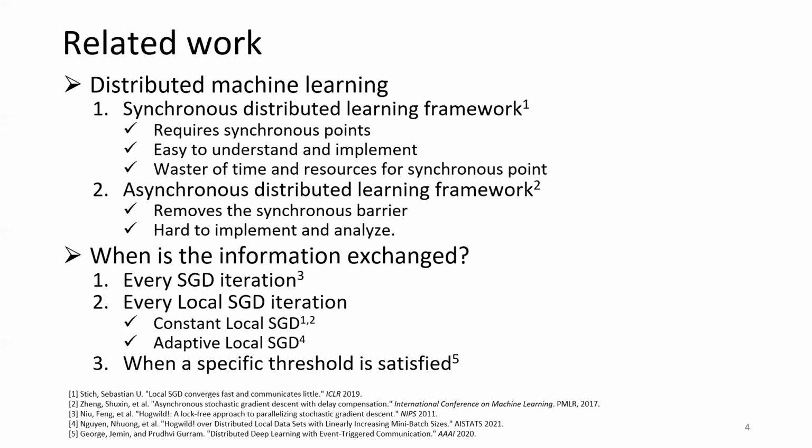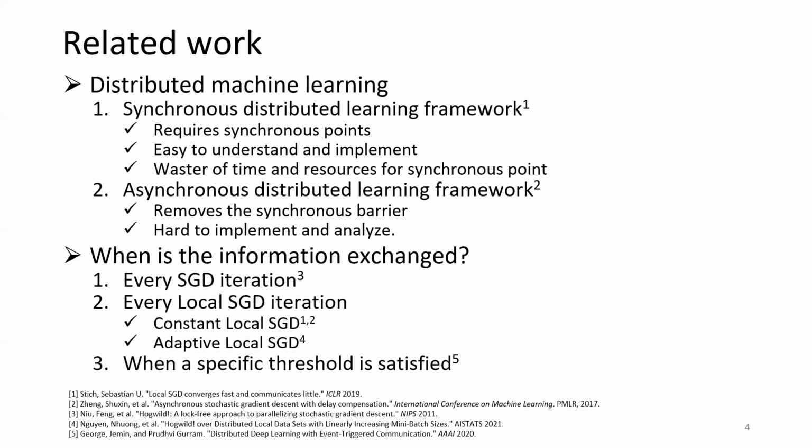However, it's hard to implement and analyze. When I mention analyze here, I mean it's hard to prove the convergence rate or the convergence of the asynchronous setting. We also want to talk about the periods when the information is exchanged among compute nodes.